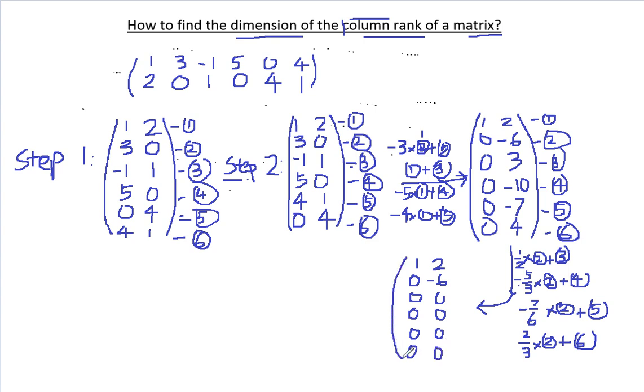Then we simplify it by dividing the second row by minus 6. Therefore, it will be 1 2, 0 1, 0 0, 0 0, 0 0, 0 0.